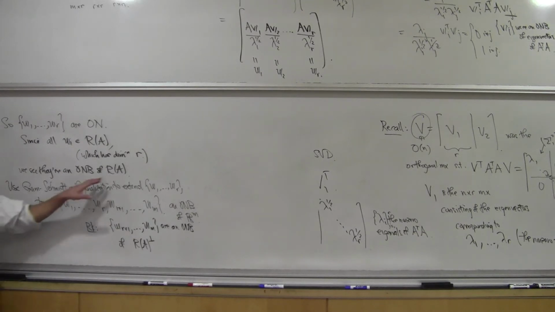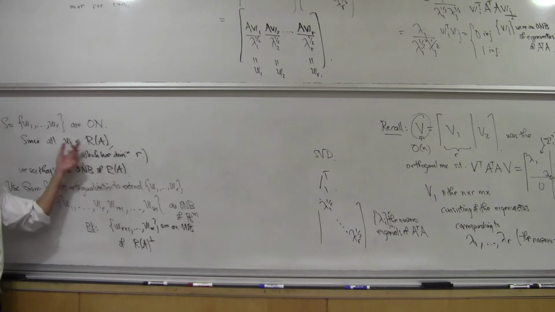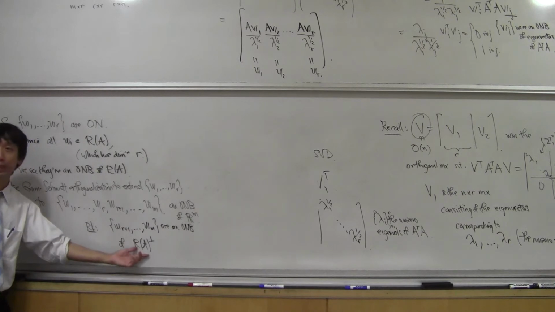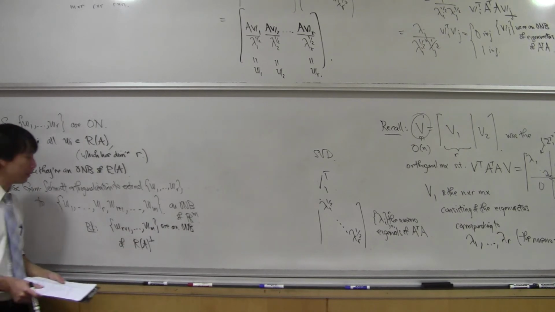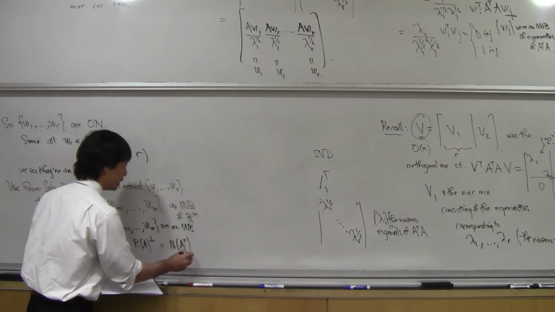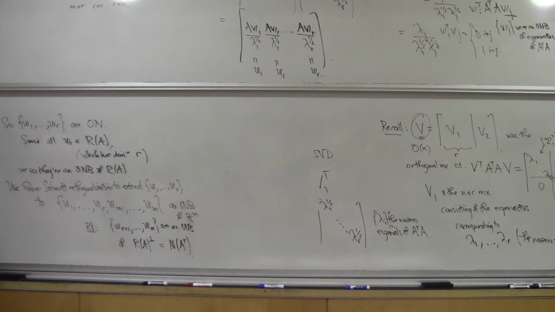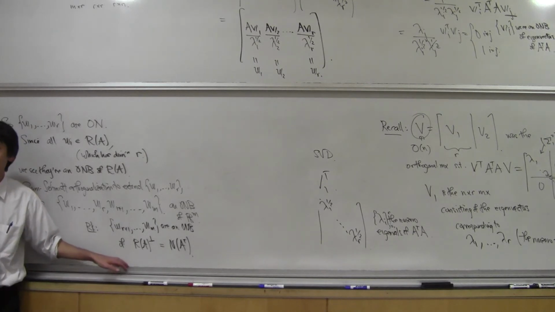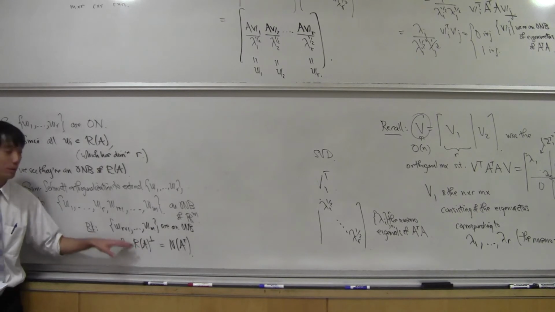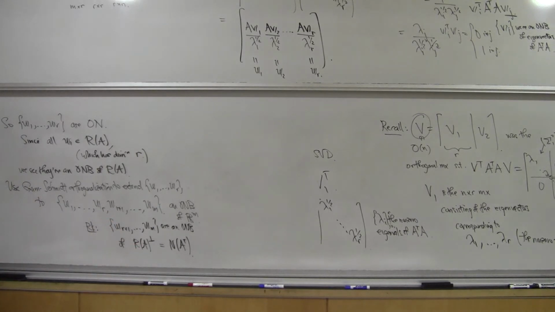The orthogonal complement of the range of A. These guys are an orthonormal basis of the range of A. The remaining guys will be an orthonormal basis of the complement of range of A, which by the fundamental subspaces theorem will be the null space of A transpose. Okay. I don't know if we're going to need this remark. I sort of ran out of time in the first class before I could use it, so I just leave it on the side here.